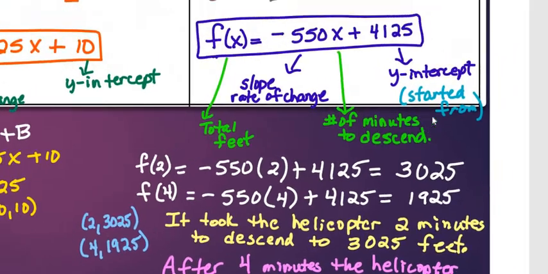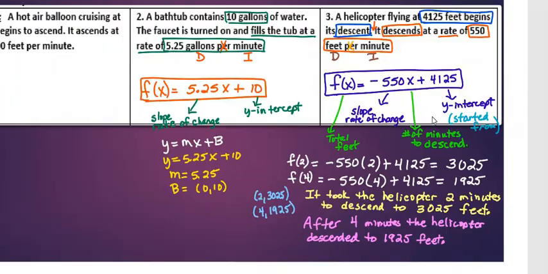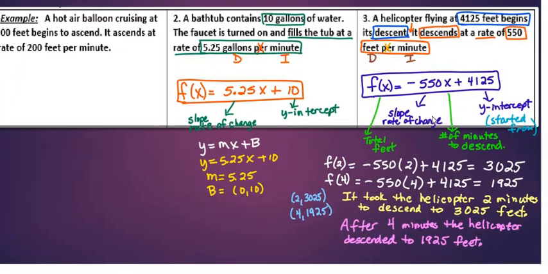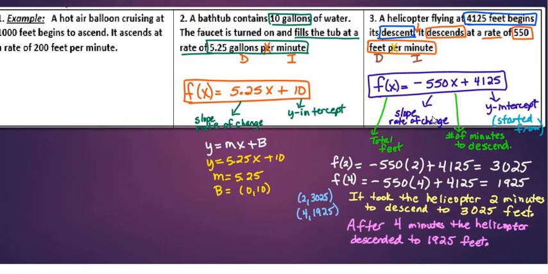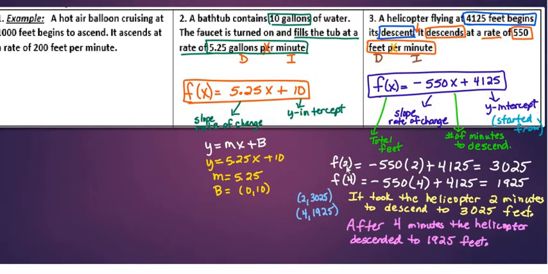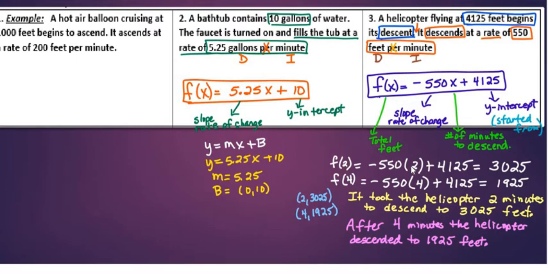If I were to look at this on number 3, and I were to take this right here and substitute in 2 minutes, where was the helicopter after 2 minutes? Well, it started at 4,125, now it's at 3,025, and it took 2 minutes to go from 4,125 to 3,025.